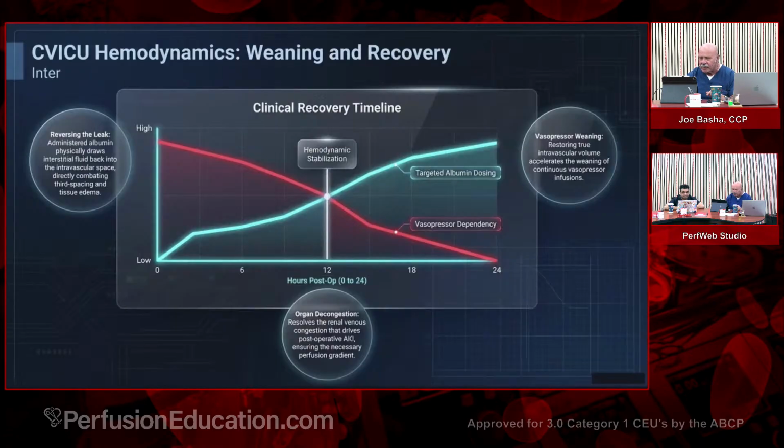These are very important concepts to discuss. You can see here, with your hemodynamics using targeted albumin dosing, which means you're actually measuring it over the course of time, your need for vasoactive drugs or inotropy improves over time, and your vasopressor dependency decreases at the same time.